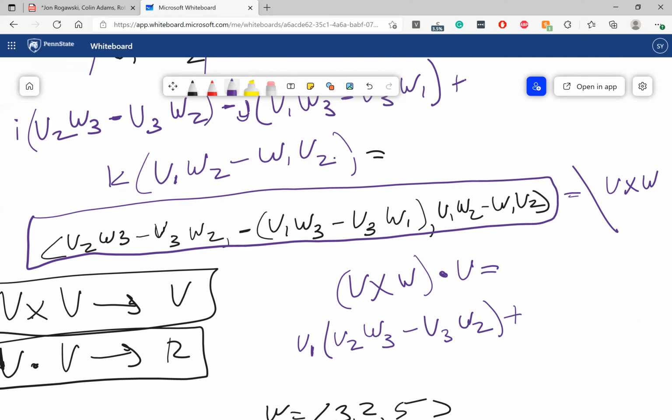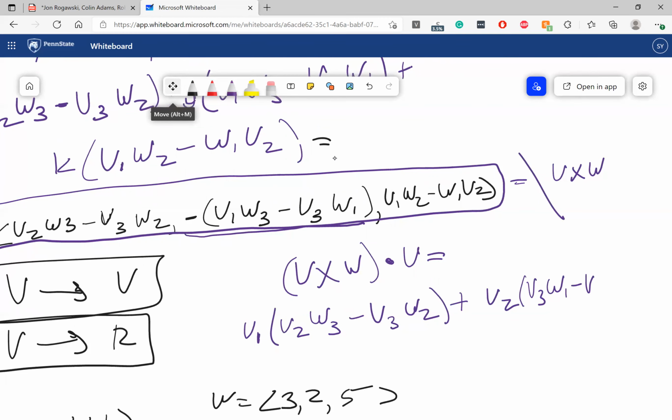Plus V2, so now that's the second component, times this over here, which is going to be, so I'm going to just distribute the negative. So we're going to get V3 W1 minus V1 W3.